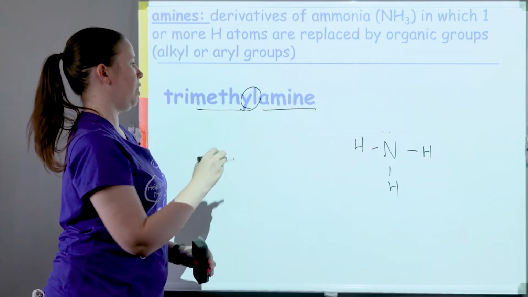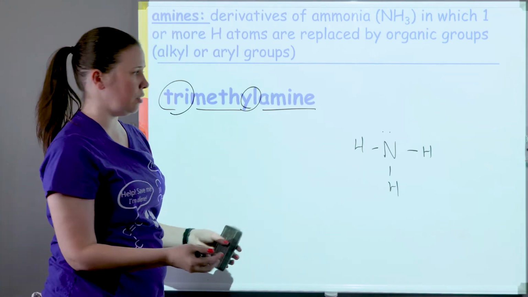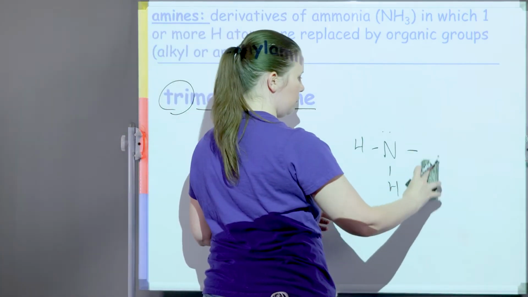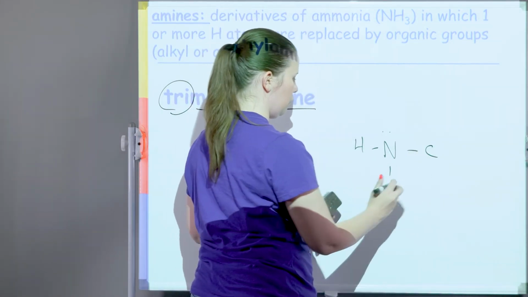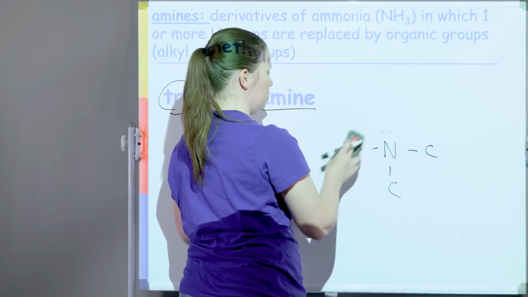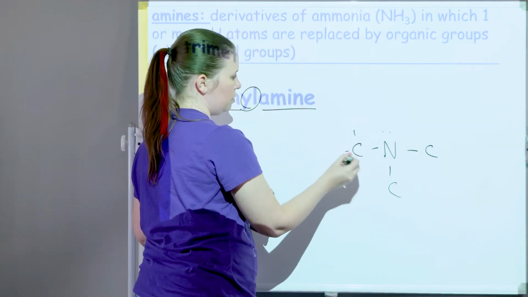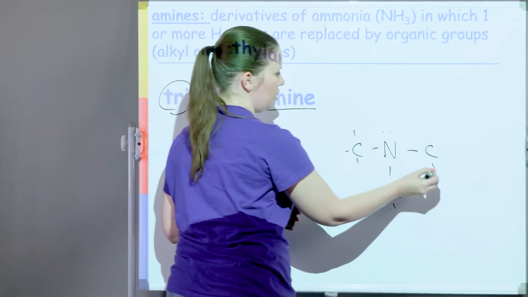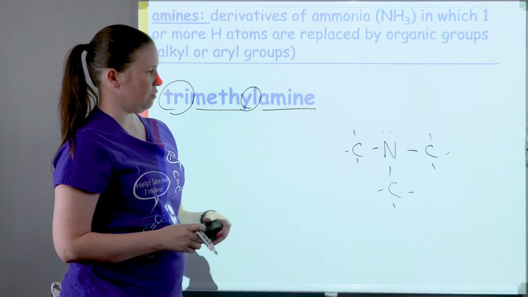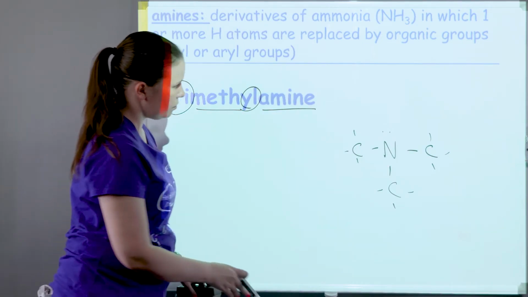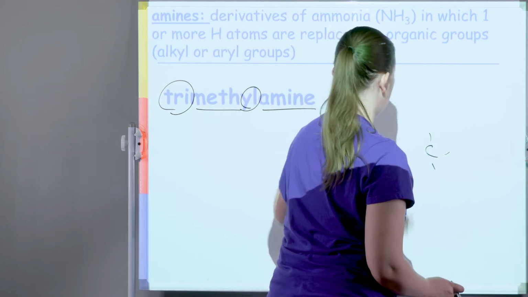Remember, we're only swapping out. So here's the catch on this one. This needs to happen 3 times. So each time that I put in a carbon, I have to replace a hydrogen. That lone pair is off limits. Now each of the carbons needs its hydrogen set, which would be just completely surrounding it, and then we still have the nitrogen in the middle. So that would be our methyl, or trimethyl in this case, amine.